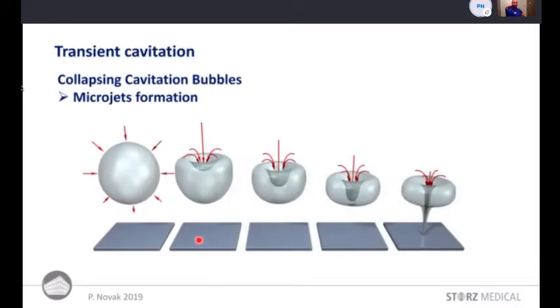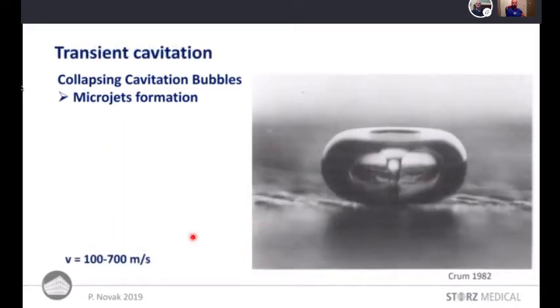When the bubble is close to a solid surface, meaning a stone, it doesn't collapse symmetrically but asymmetrically, and it forms a kind of jet. This jet stream is very fast, very destructive, and is one of the causes of the stone disintegration, as far as we know, even if there are different theories about how the disintegration really takes place.